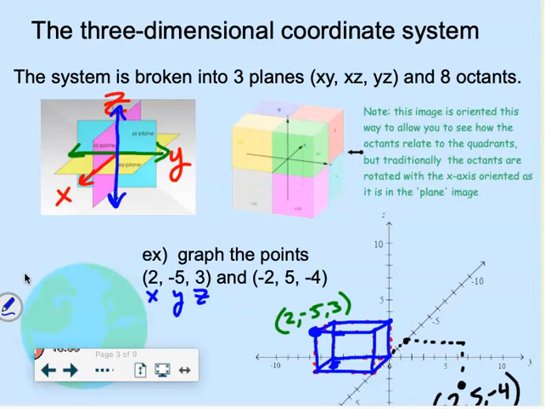So I'm just going to tell you, up here, this is octant 1, 2, 3, 4, and then down here, below the XY plane, you start 5, in the back here is 6, the one that you can't see in the back is 7, I'm not even going to draw, and then this one down here is 8. So 1, 2, 3, 4 are the top, 5, 6, 7, 8 are the bottom.